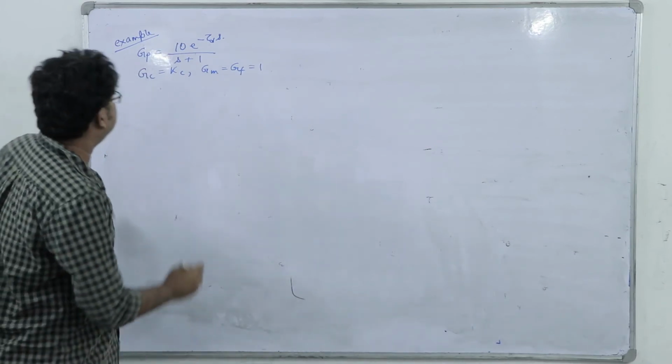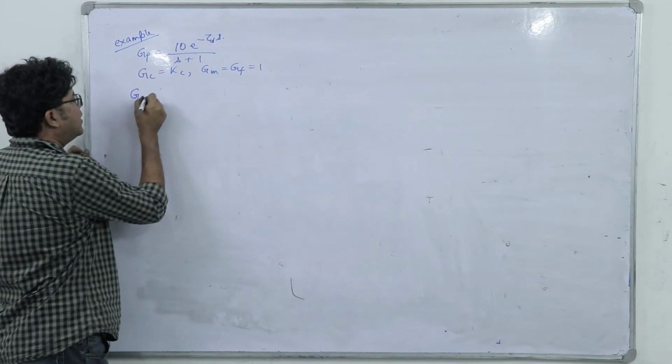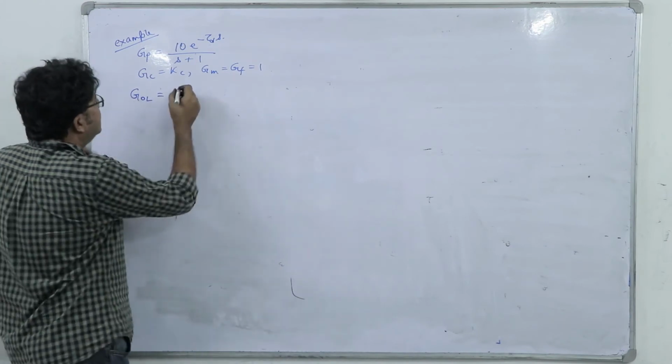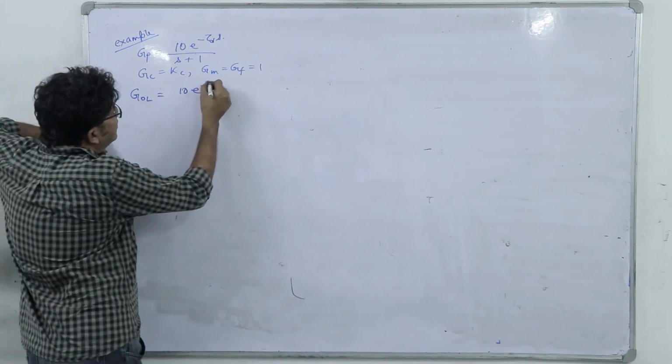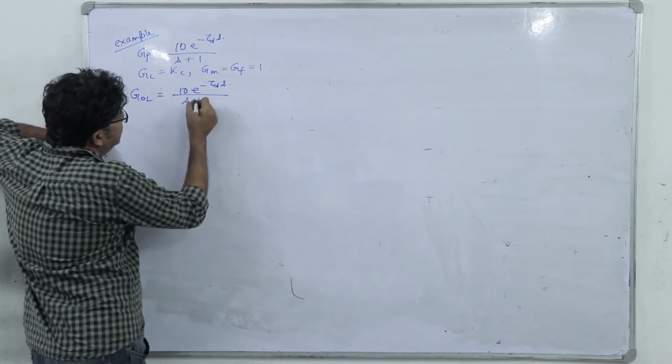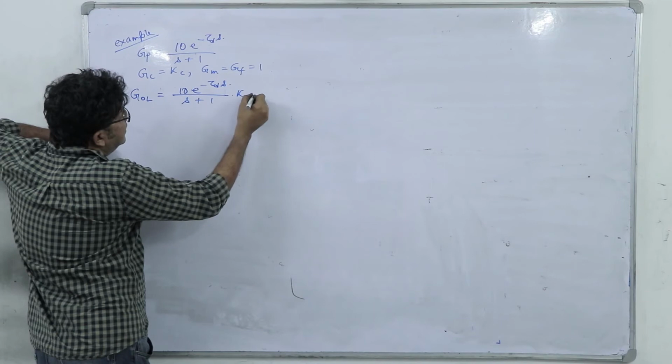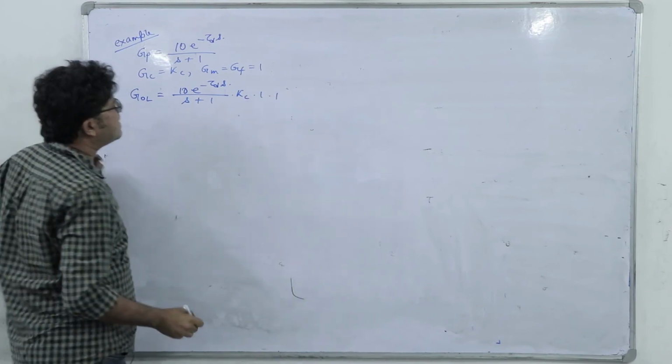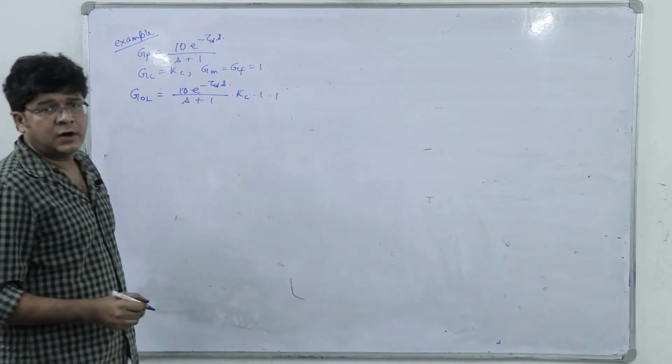Now, what is the characteristic equation? But before that, let us find out the open loop transfer function: 10 into e to the power minus tau_d s divided by s plus 1, into Kc into 1 into 1. Now, with that we cannot work.